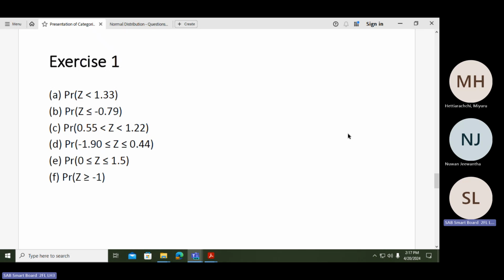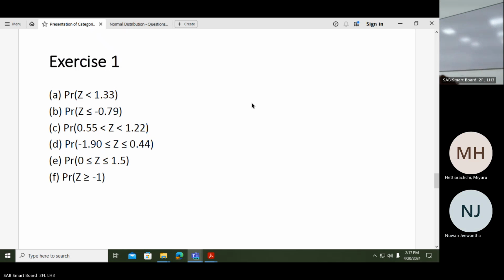Part B. If it is less than or equal to minus 0.79. Then you know the middle is 0, and the minus value is here. It always shows on the number line.